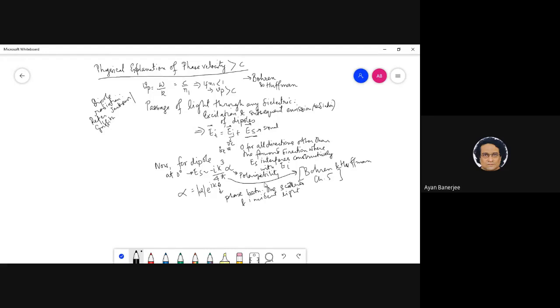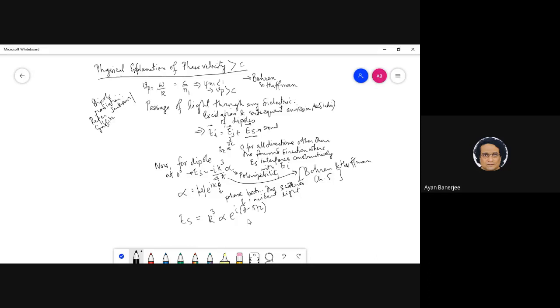Let me just write this down in a better way. Essentially I can write this as some k cube alpha e to the i theta minus pi by 2.